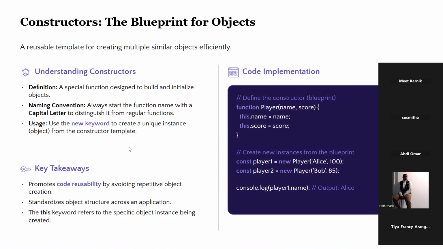So the object here would be a player, and inside the player, it fills in the values Alice and 100. The big idea here is that constructors help us avoid rewriting the same object shape over and over again.